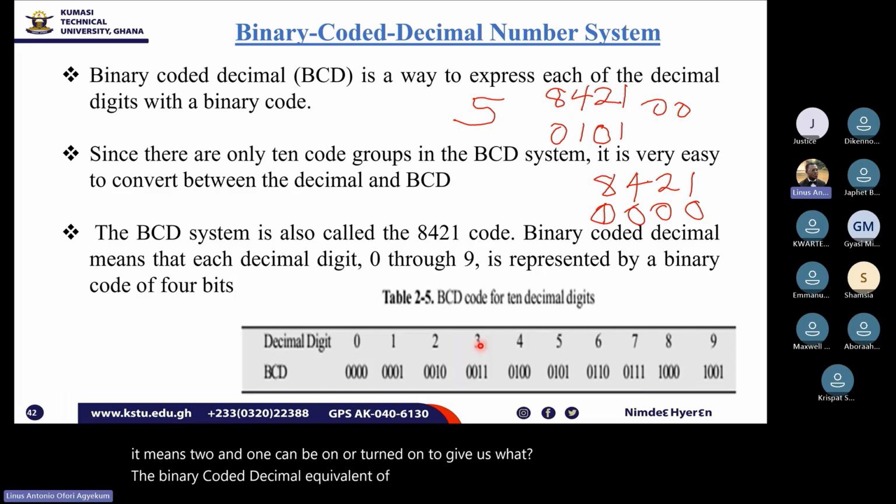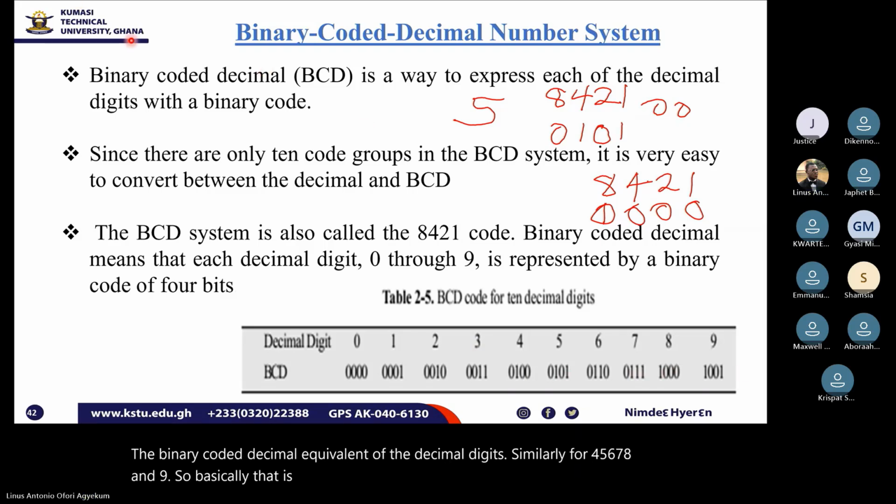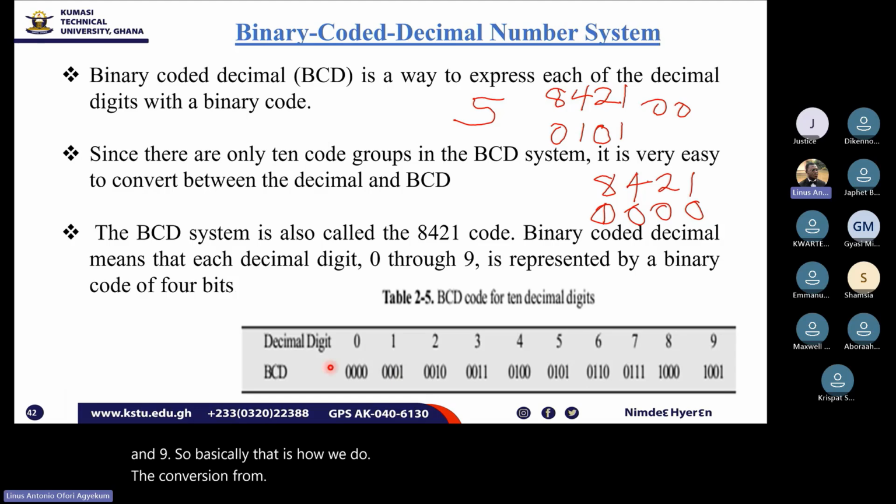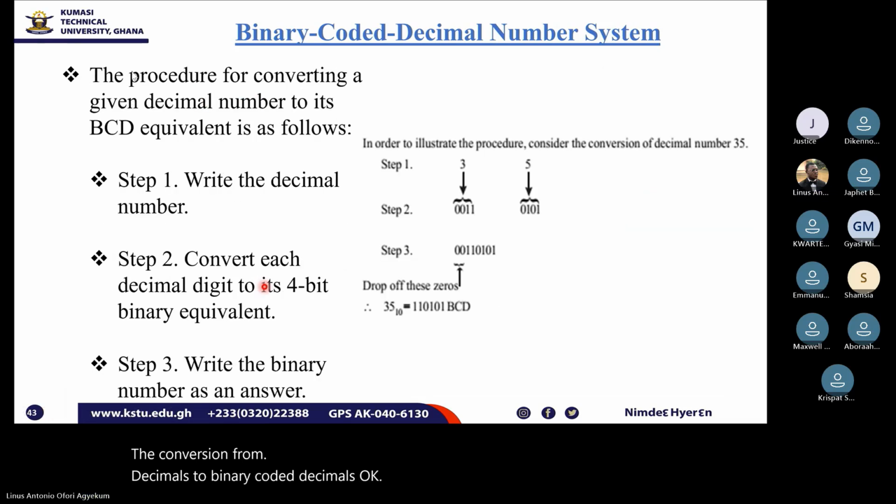Similarly for 4, 5, 6, 7, 8, and 9. So basically that is how we do the conversion from decimals to binary coded decimals. Okay. Please, do we understand? Yes, sir. Okay. All right.